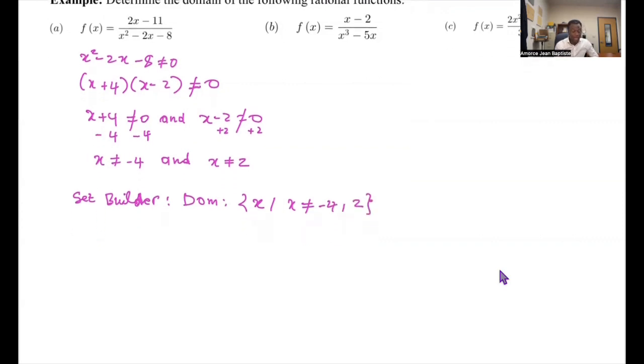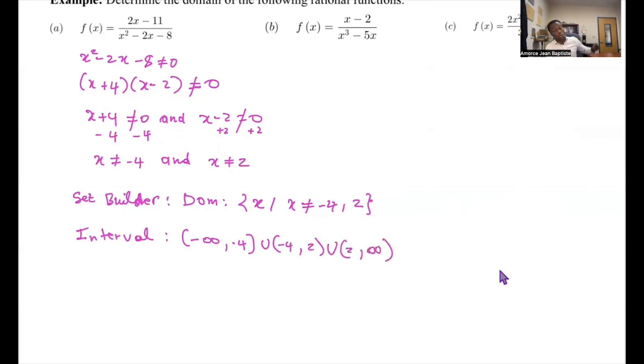But most of the time, you always want to know how to write your domain or your solution in interval notation. So your domain in interval notation would be from negative infinity to the smallest value, negative 4, union from the smallest value to the largest, and union from the largest value to infinity. Because we need to exclude negative 4 and 2, we always keep parentheses on them.